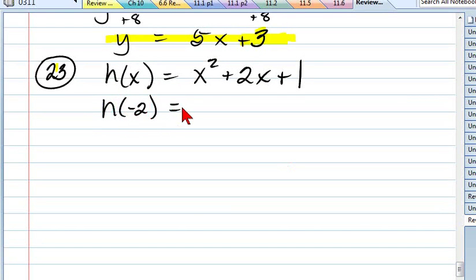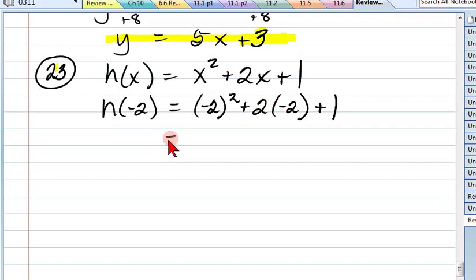Make sure you put it in parentheses, even if you're using a calculator. That's negative 2 squared plus 2 times negative 2 plus 1. What does that give us? 4 minus 4 plus a 1, which is 1. H of negative 2 is 1. And that's all you'd have to reply with.